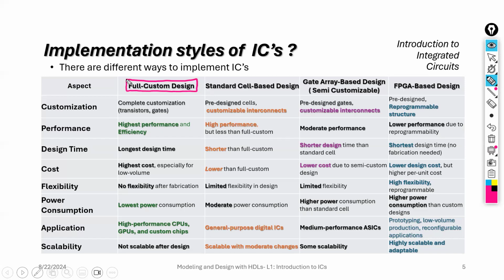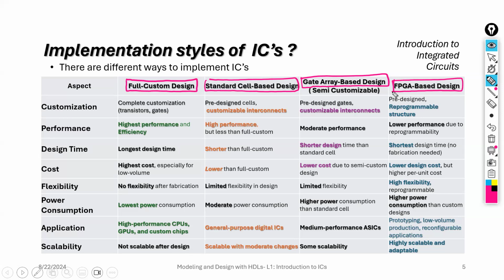The second one is called standard cell based design. The third one is called gate array based design, or semi custom design. The fourth one is called FPGA based design. So these are the design styles by which we can implement our ICs.